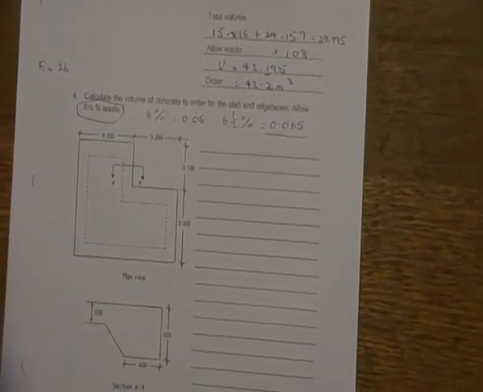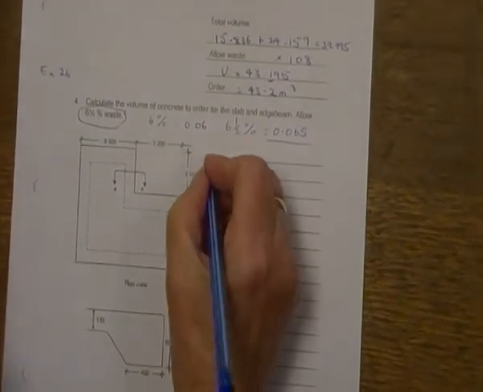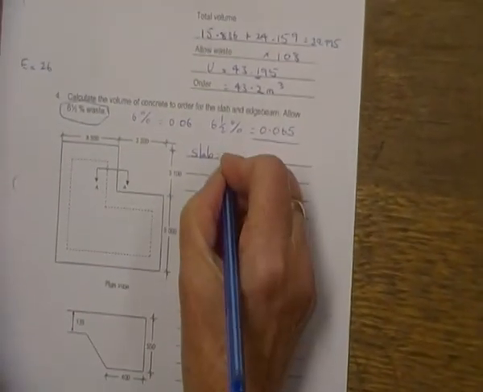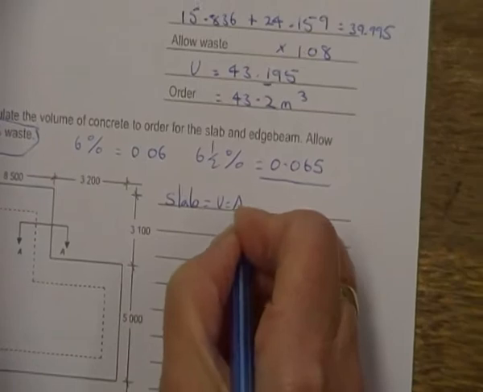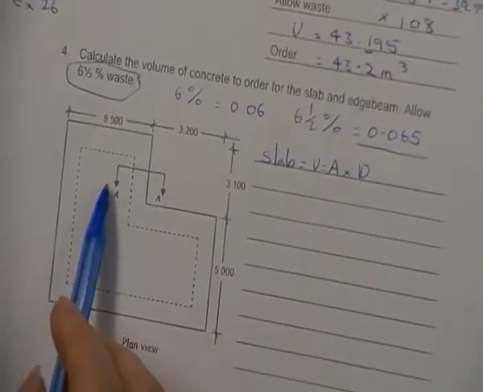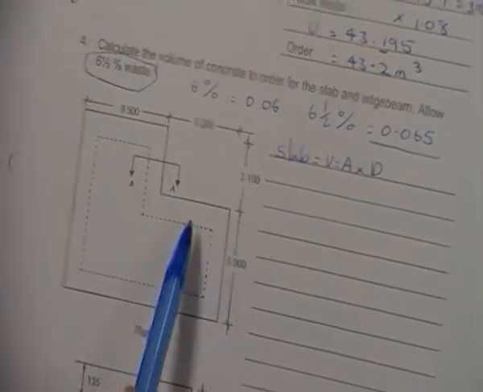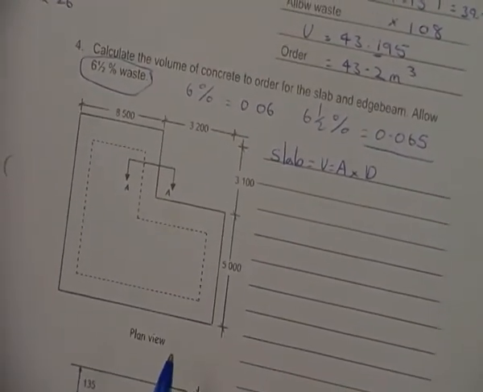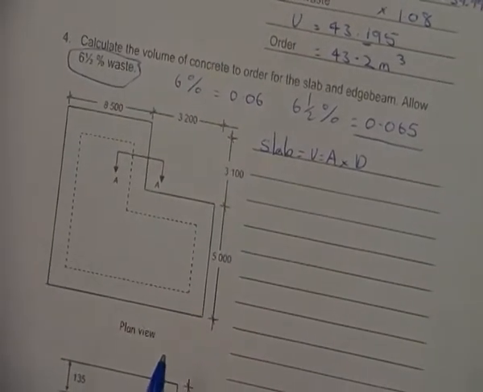What we have to do is work out our slab first. Our volume is area times the depth. We have an irregular shape, so we definitely have to get two areas, area 1 and area 2.